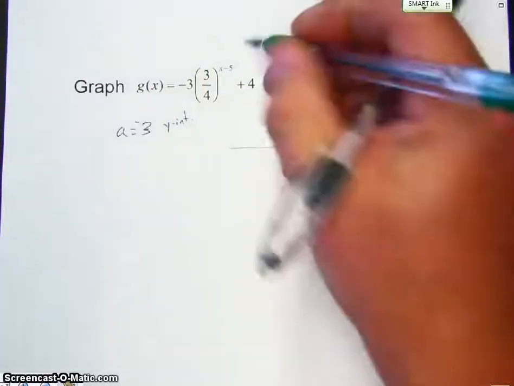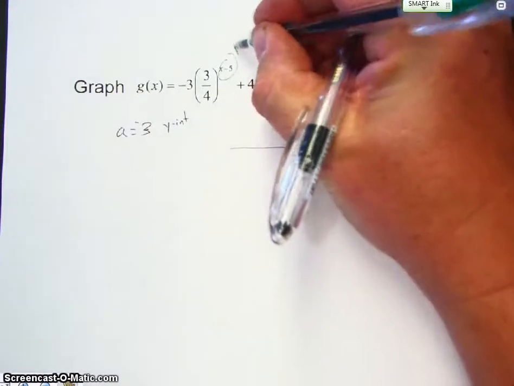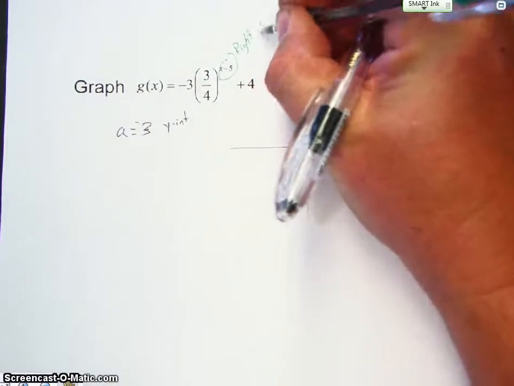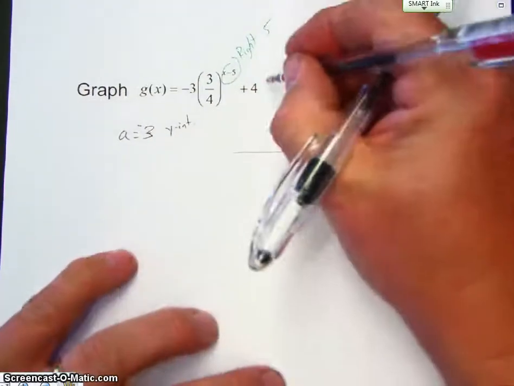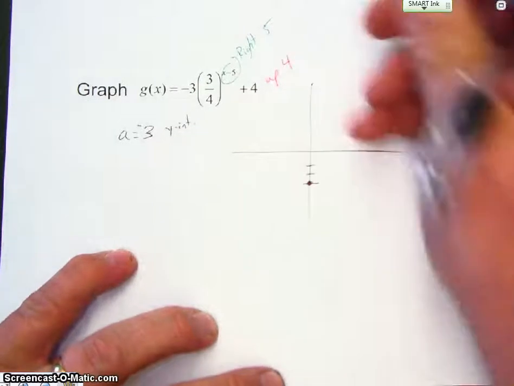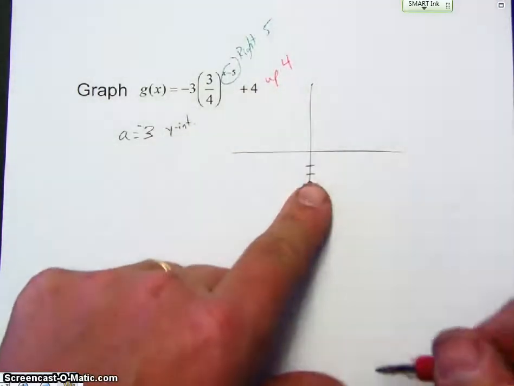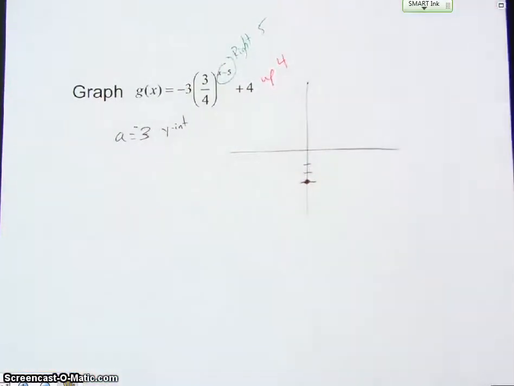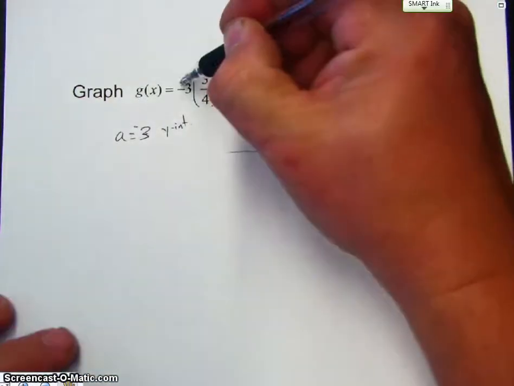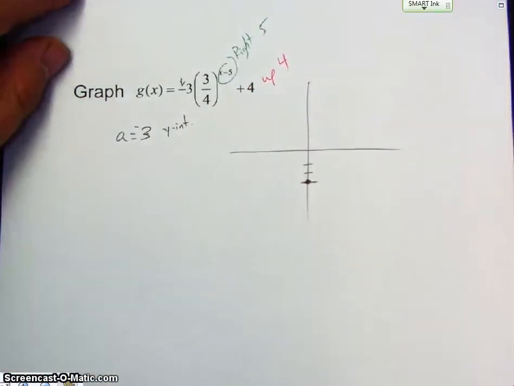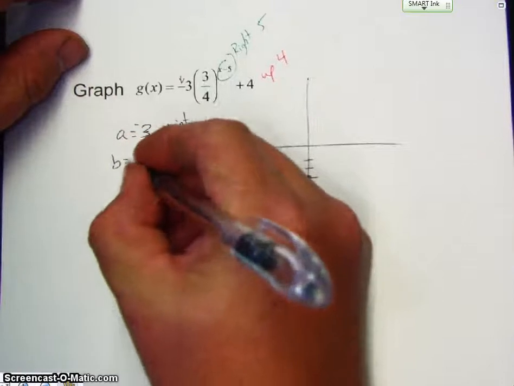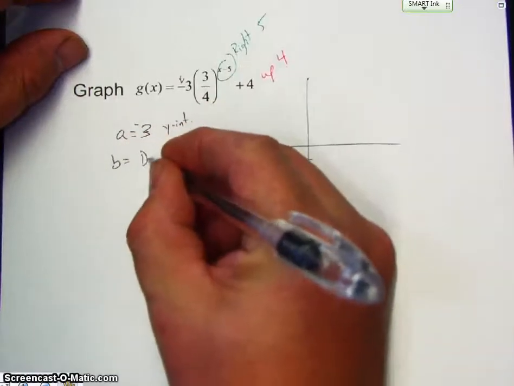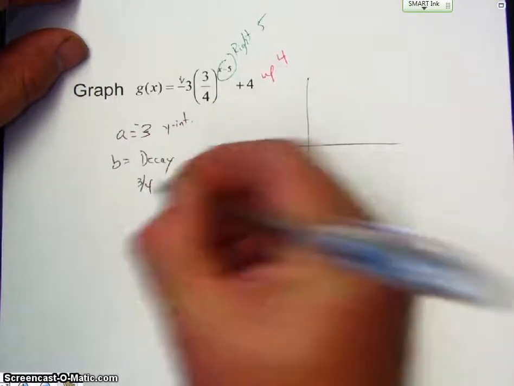It's moving right 5 and up 4. So this new point is going right 5, up 4. But you also notice that A is negative. First of all, B is 3/4, so that means it's decay.